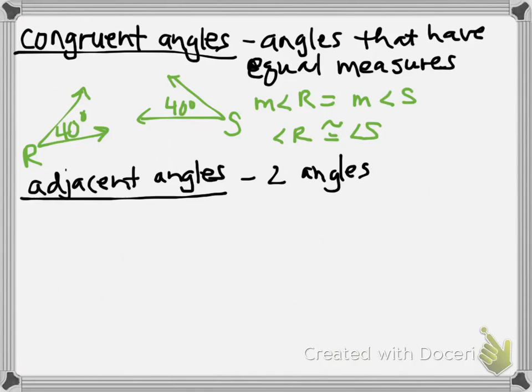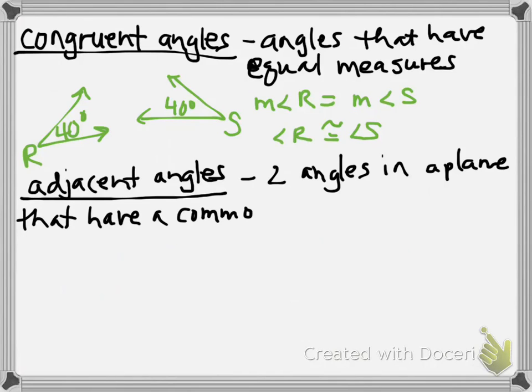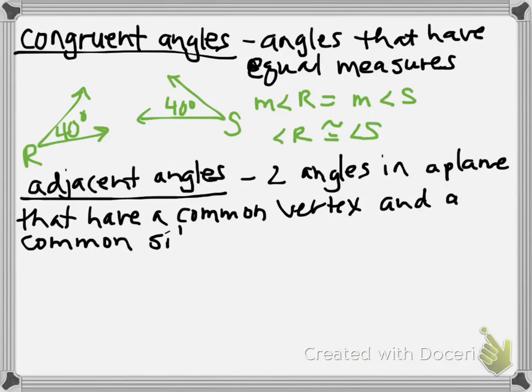So two angles in a plane that have a common vertex and a common side, but don't overlap.